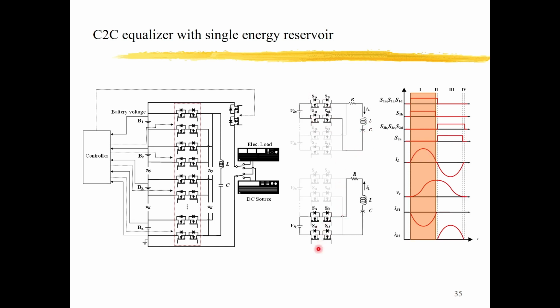And then we turn on another set of switches. Then the energy will be transferred back to the batteries by all these selection switches. Okay, by the selection switches, we can transfer the energy from a specific cell to the resonant tank, and then return it to another cell. Okay, so this is also a cell-to-cell equalizer.